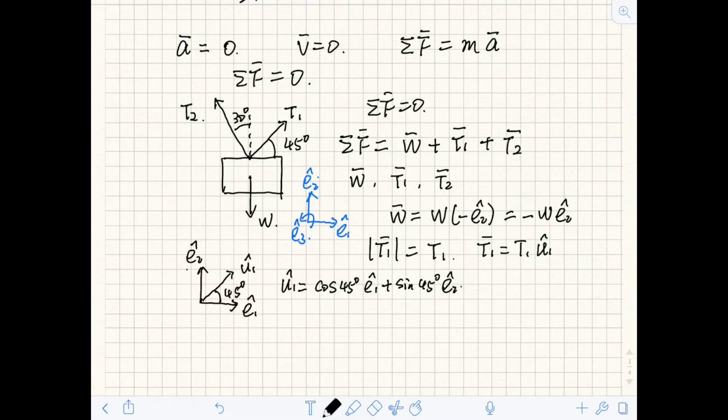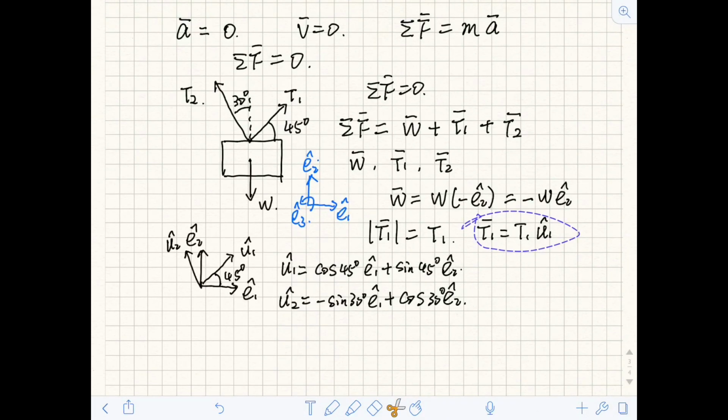And similarly, we can find the direction for the second unit vector, which is the direction of the tangent T2. So U2 is equal to negative sine 30 degrees E1 plus cosine 30 degrees E2.